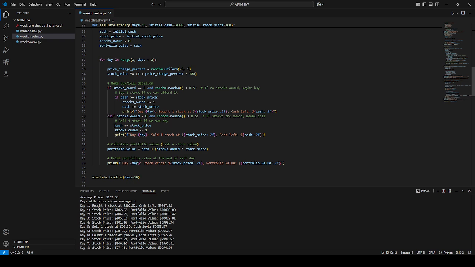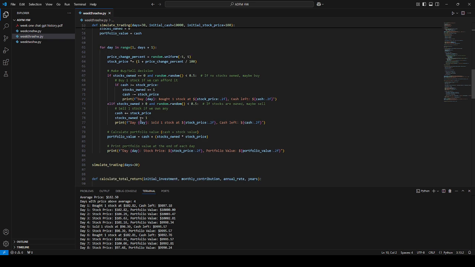It will add cash, so we add the stock price to the cash that we have from our portfolio, and it will just take one stock away.